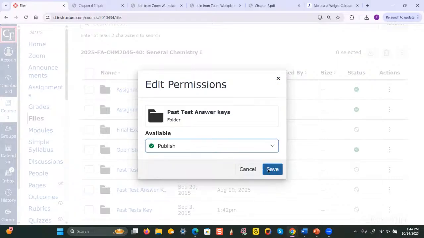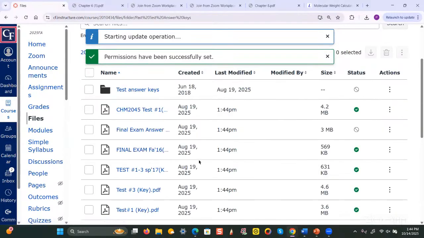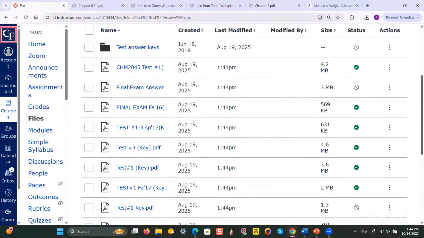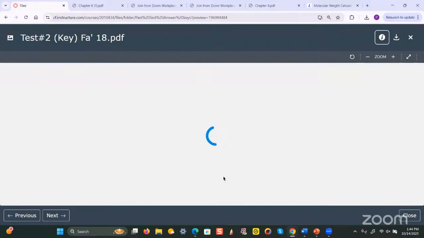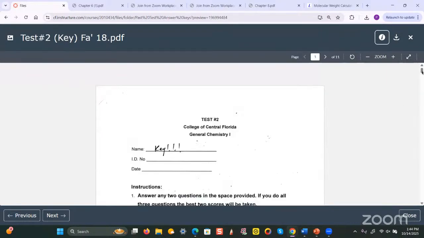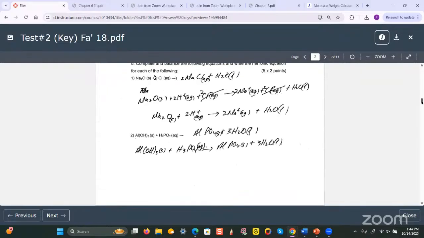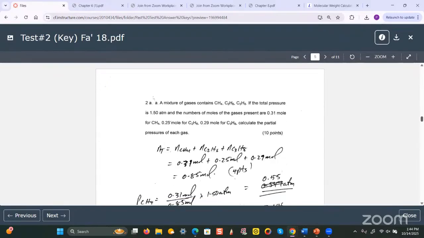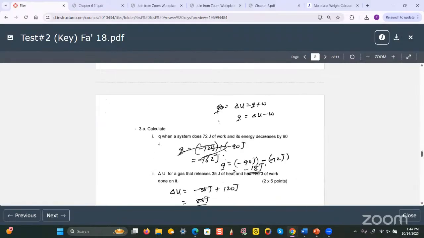I need to get rid of those others, but that's definitely an error on my part. So if I were you guys, I would look at this link here. Let me check out this one right here, test number 2 from 15. Okay, this is another good one as well, so yes, check out this one in preparation for your test.